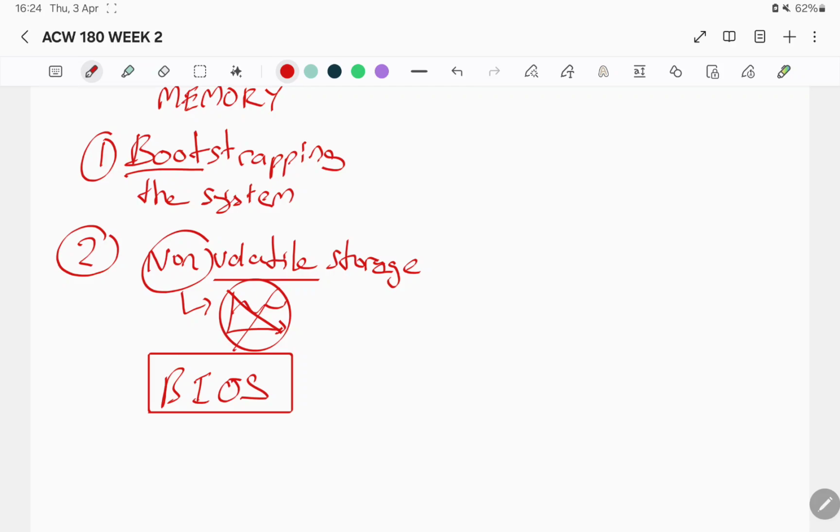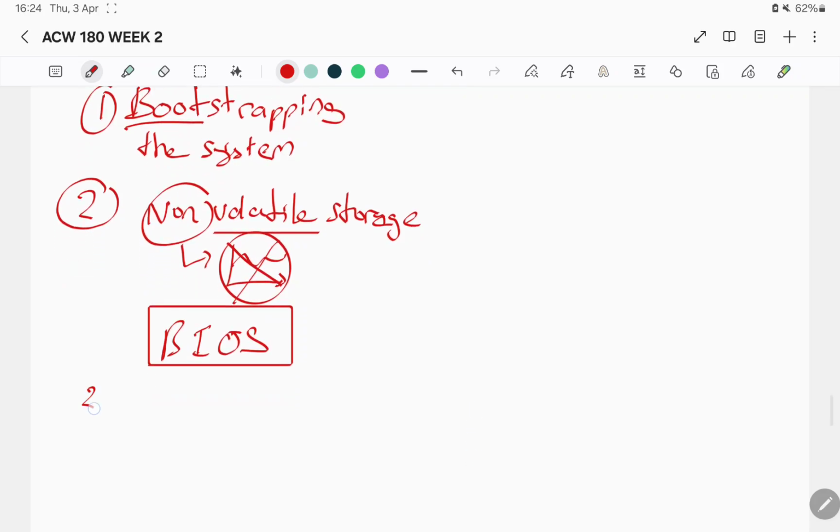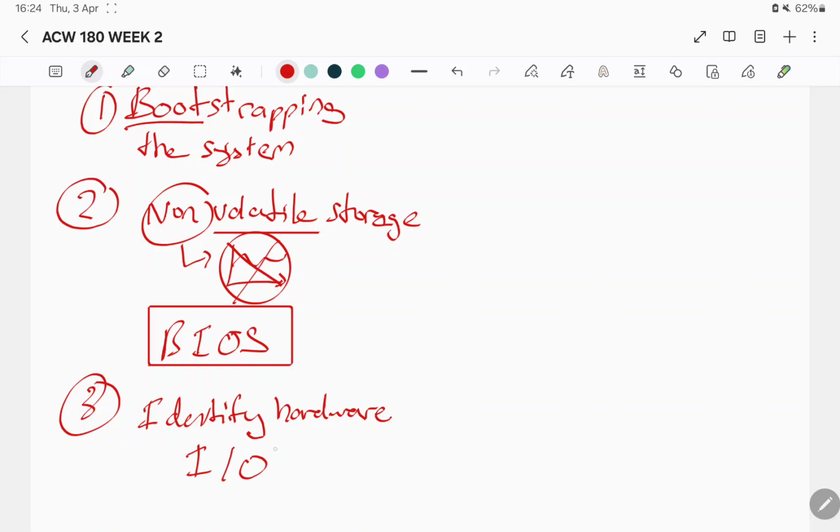Of course, the ROM also functions to identify the hardware. So the other components, for example, the input or the output, the keyboard and the monitor, hard drive.